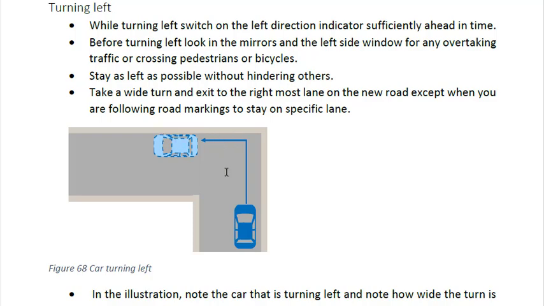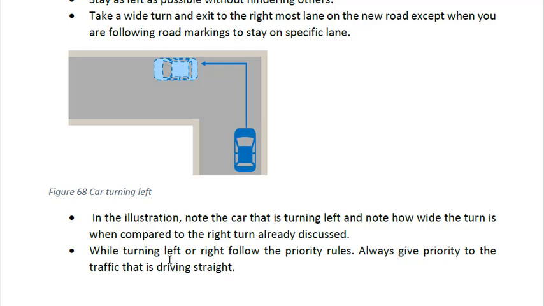This is especially important when there is one lane here and two lanes there. For example, the car is turning left, it still has to come to the rightmost lane, even though there is another left lane which is allowed to go straight. You must always come to the rightmost lane. There's an exception again. If there are road markings, you just follow the road markings and stay on the specific lane.